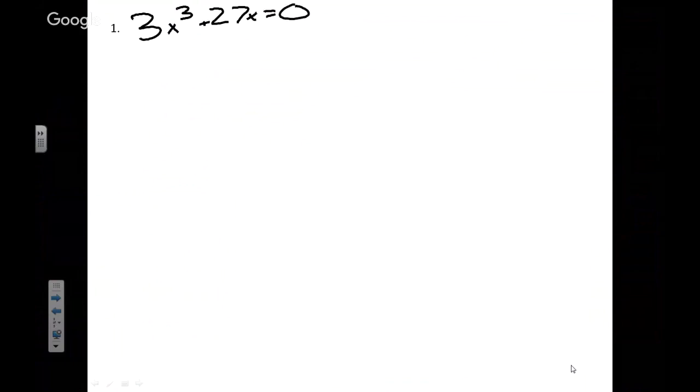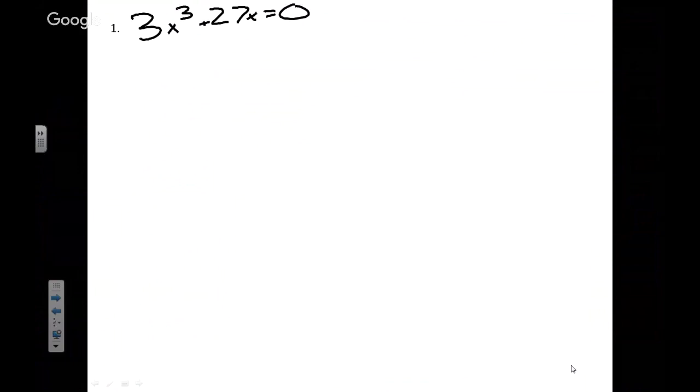So is this in standard form? Yeah, so step 1 is done. It's already in standard form. And then the next step was factor out the greatest common factor. So here, what would be a greatest common factor?